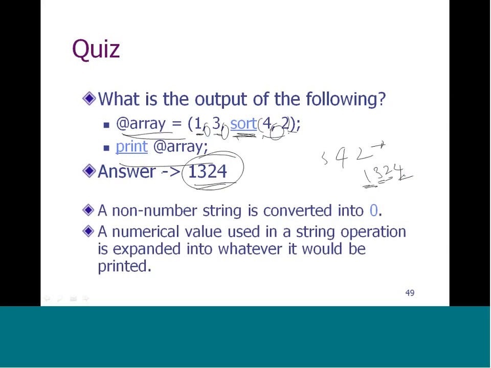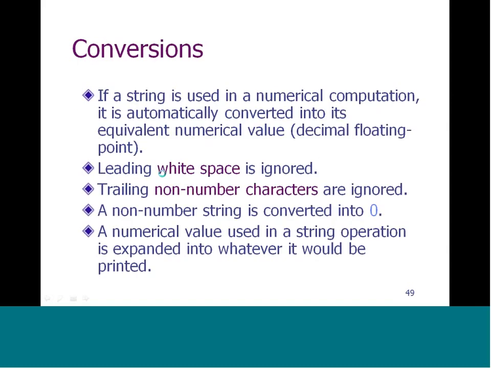Okay, so let's move on. As I mentioned, the operators can be operated on both strings and numbers. If a string is used in a numerical computation, it's automatically converted into its equivalent numerical value, which is a decimal floating point value.